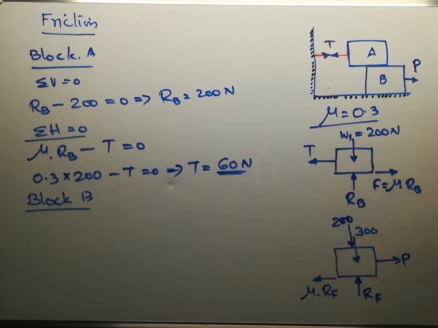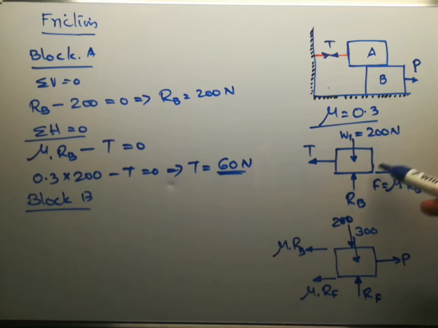And between the contact surfaces of block A and B, again, this will be the direction of the frictional force, and that will be equal to mu into RB, that we have already found out.